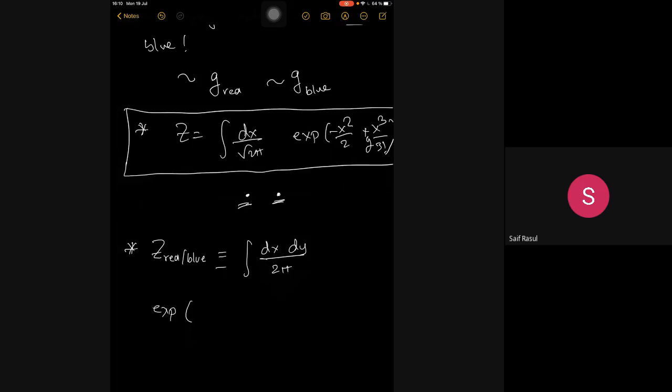The first one will be the kinetic term, minus x squared over 2. Then you have a matrix term, minus xy over 2, or maybe there's no 2, I forget.